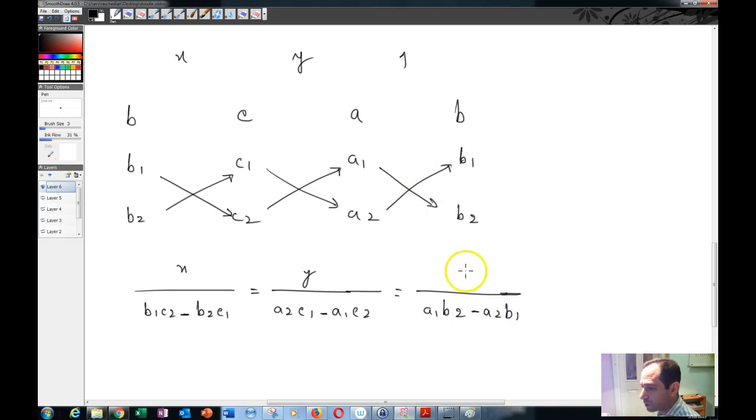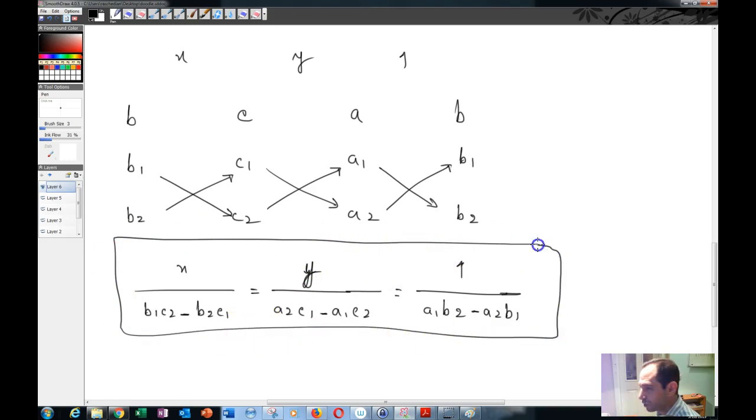That's the formula that you can use in order to solve these equations.